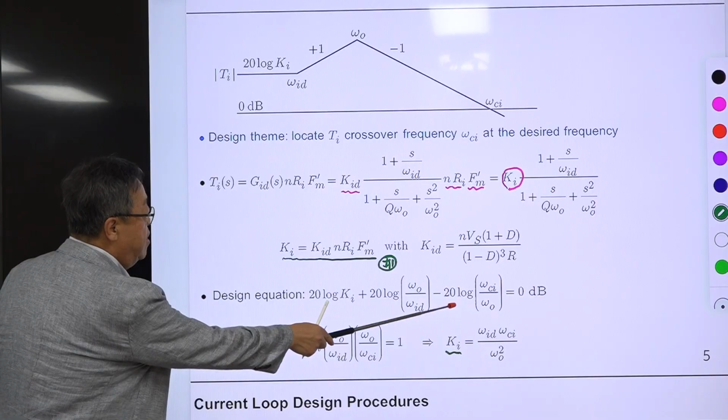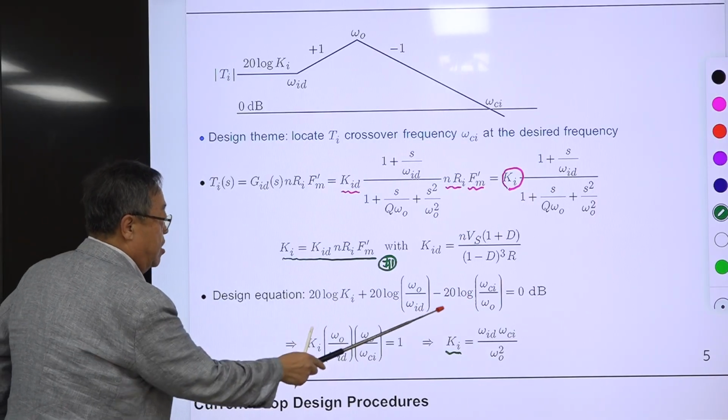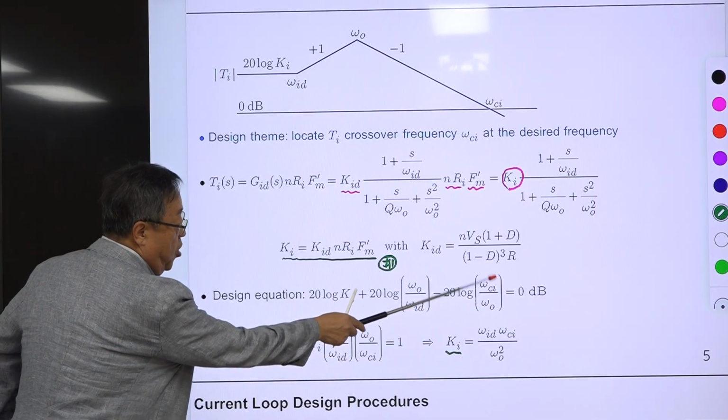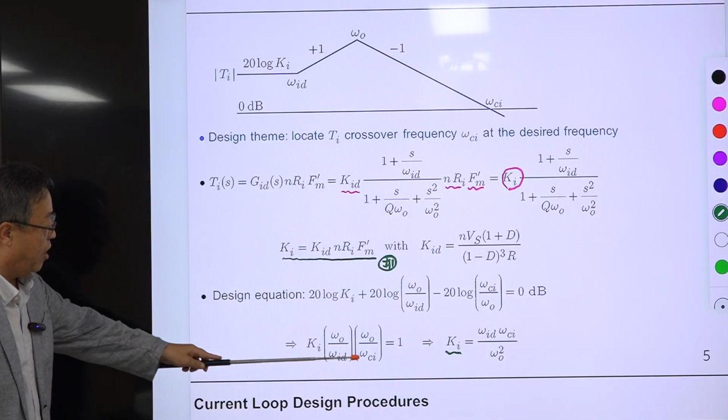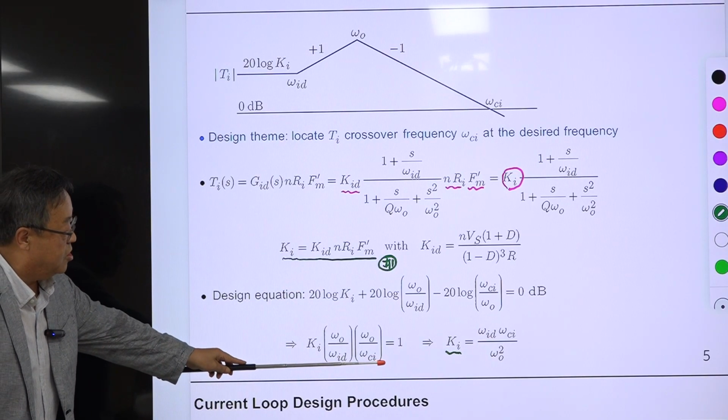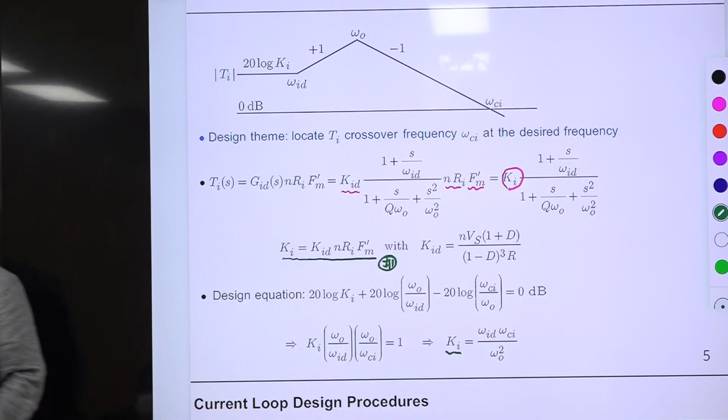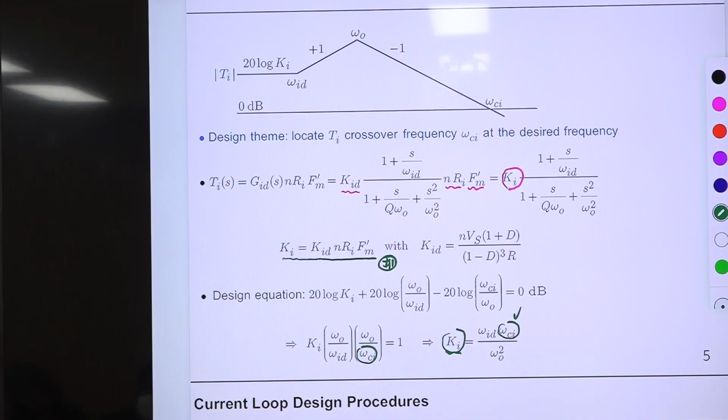This is a negative sign. Okay. Then if you swap this numerator and the denominator, then you convert these things into a linear equation. So this is the linear equation. Okay. So if you decide omega Ci, the current loop crossover frequency, the corresponding value of Ki is simply determined by this equation. This is the same equation.